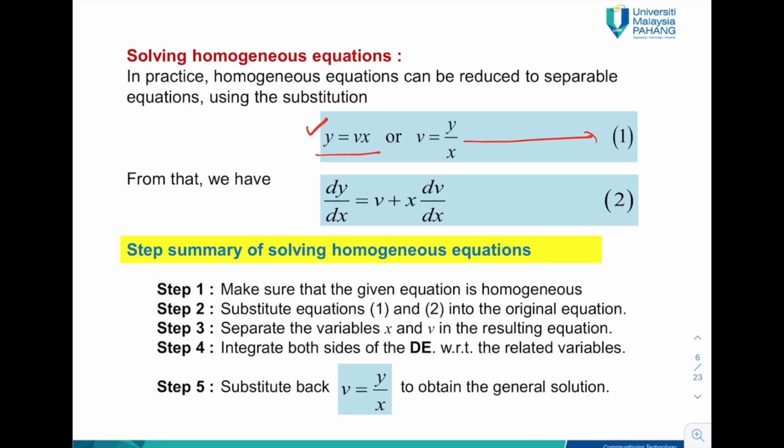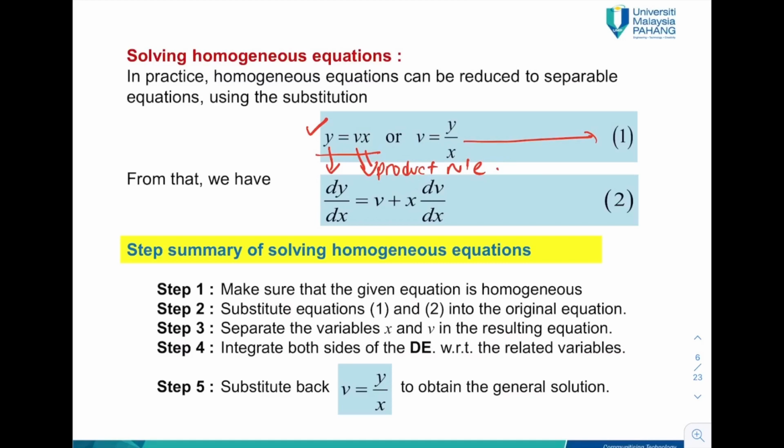Next step, you have to differentiate all the variables with respect to x. The y will become dy/dx, and for the v and the x, you should use the product rule.